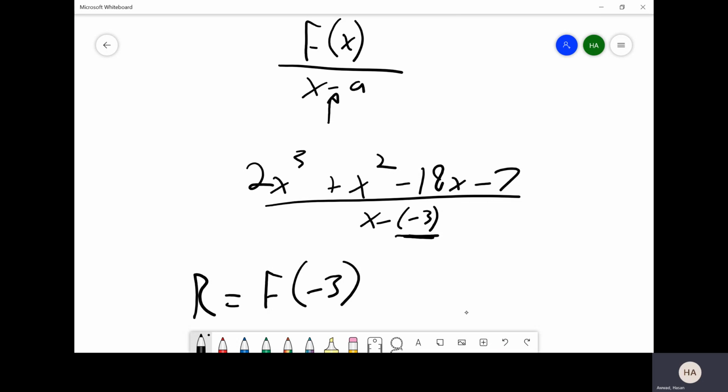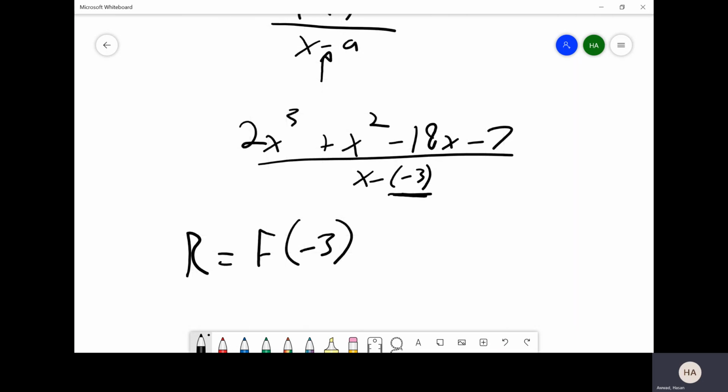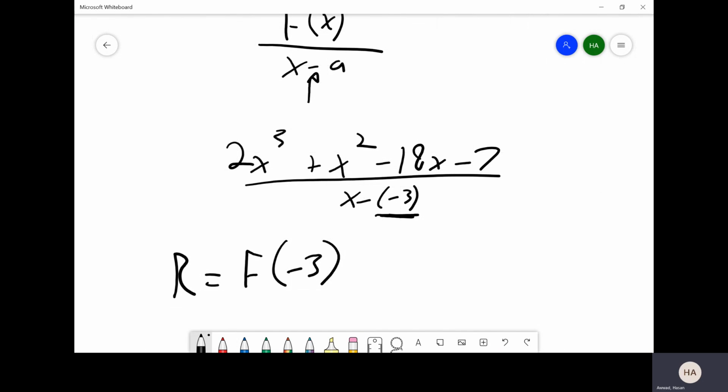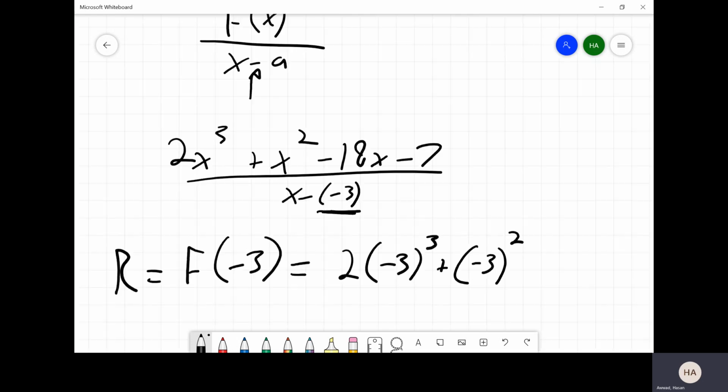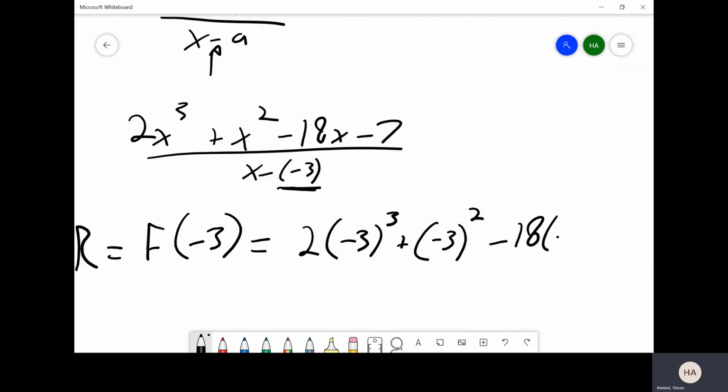Now we just take this -3 piece, and that is what we're going to plug into the function on top. You're taking -3 and plugging it in everywhere there's an x. This is now your input to the polynomial on top. So this is the same thing as 2 times -3 cubed plus -3 squared minus 18 times -3 minus 7.